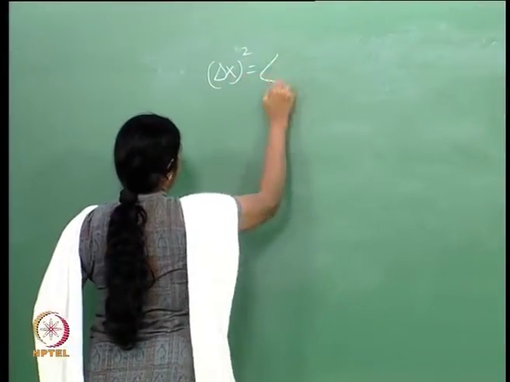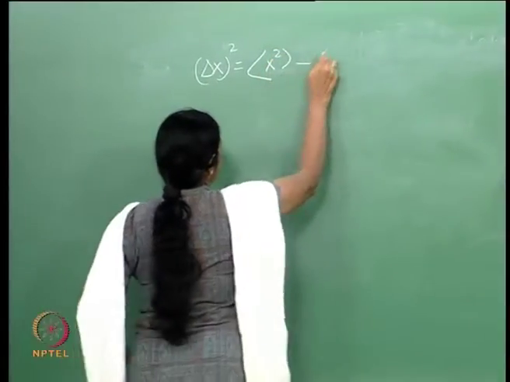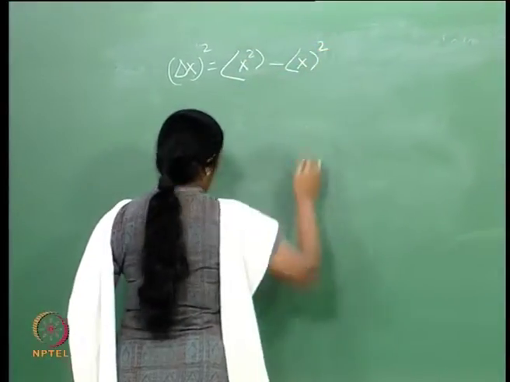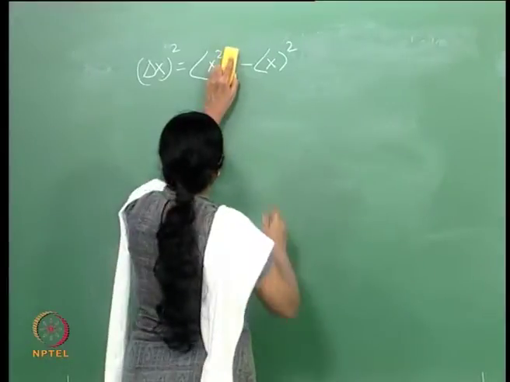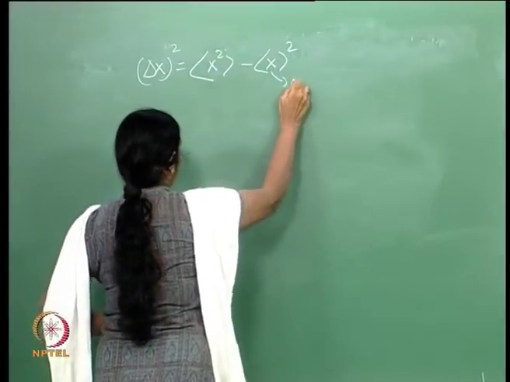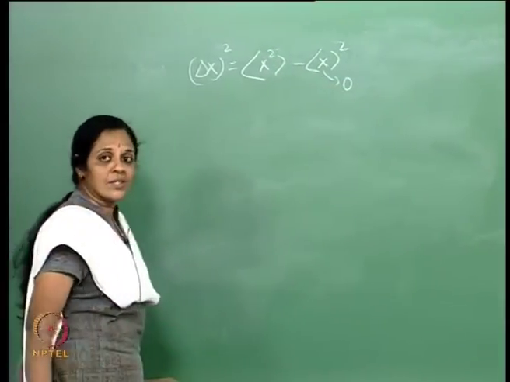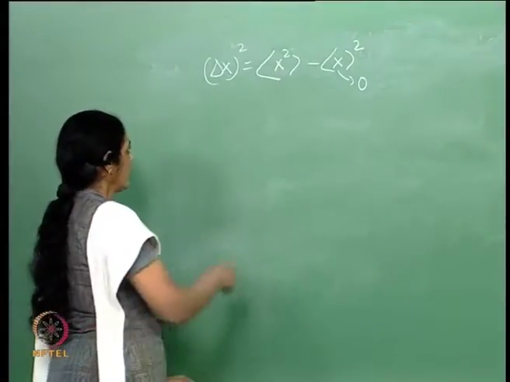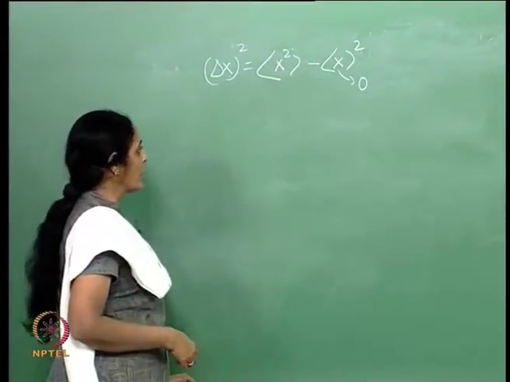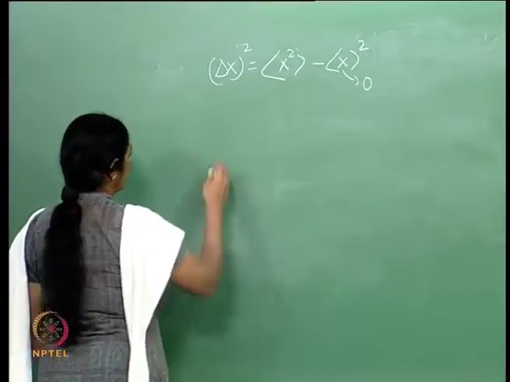Recall that delta x squared is expectation x squared minus expectation x the whole squared, but we have just shown that expectation x is 0 in any state of the oscillator. So, I need to calculate expectation x squared.